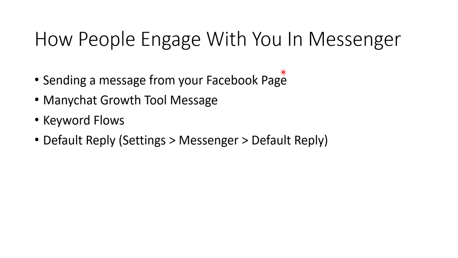And we'll show you an example of that a little bit later on. But the idea is if they type Healy, then you can get a certain flow to happen. If they type help, you can get a certain thing to flow. If they talk about business opportunity, you can get a certain thing to flow. Okay, that's called a keyword flow.